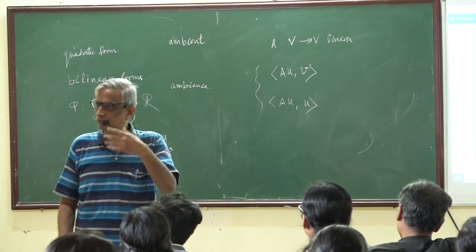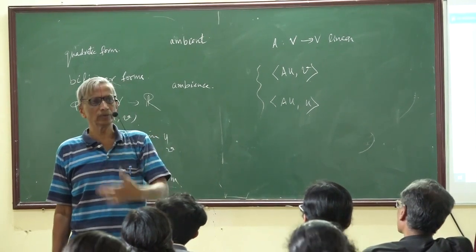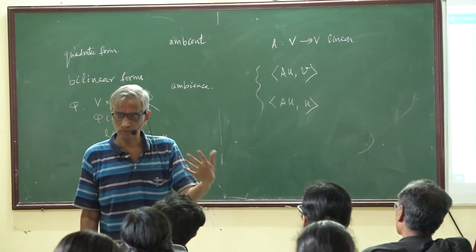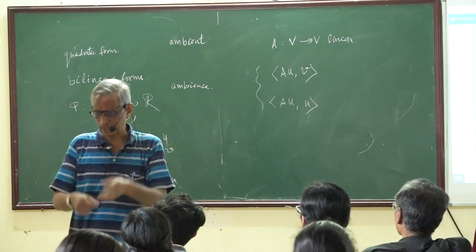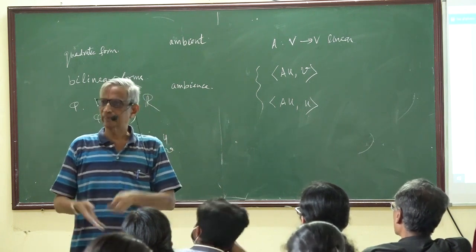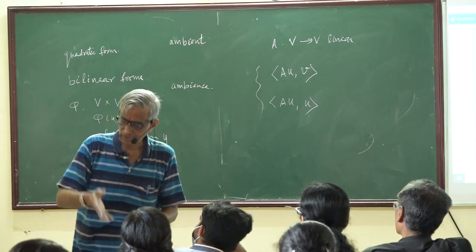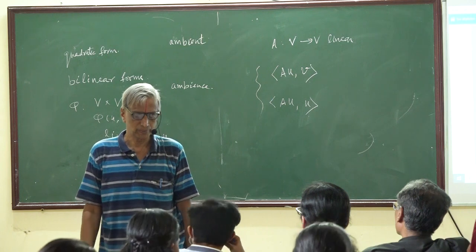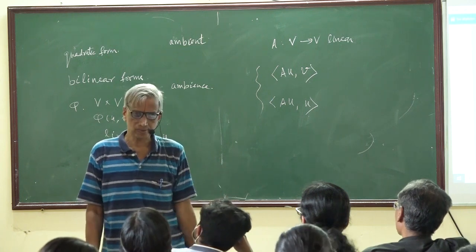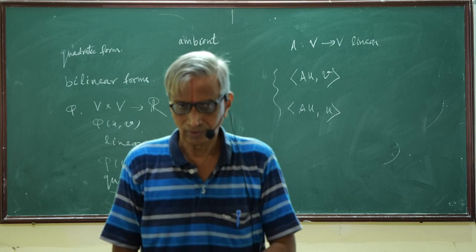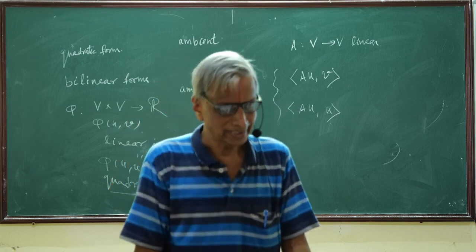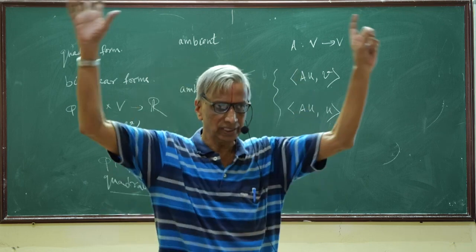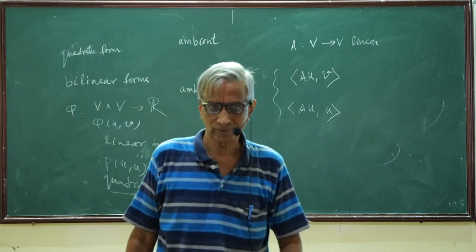And so this inner product on the ambient space induces inner products on all the tangent subspaces. Tangent spaces are just subspaces of the Euclidean space. So if you have an inner product on a vector space, all subspaces inherit the inner product from the bigger space. So all tangent spaces to the surface are already endowed with an inner product which comes from the inner product of the ambient space.